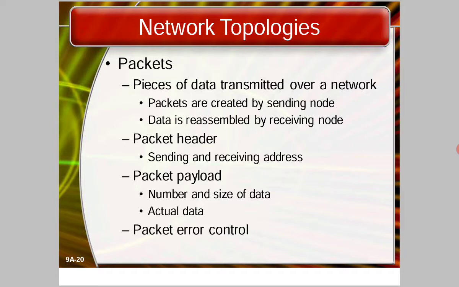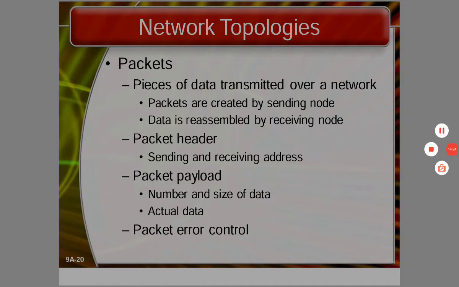The packet payload means the number and size of the data and the actual data. Packet error control tells whether any errors occurred during transmission, what type of error, and whether there is any loss of data. A packet contains all this information.